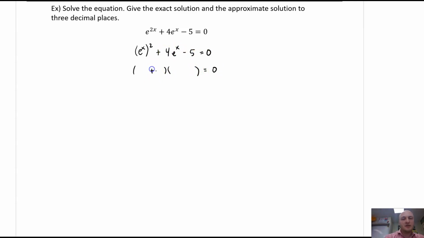That looks like it's going to be a positive 5 and a negative 1. Take the square root of the first term. That gives us e to the x plus 5 times e to the x minus 1 is equal to 0. We'll go ahead and use the zero product property. So e to the x plus 5 is equal to 0, or e to the x minus 1 is equal to 0. And we will solve.